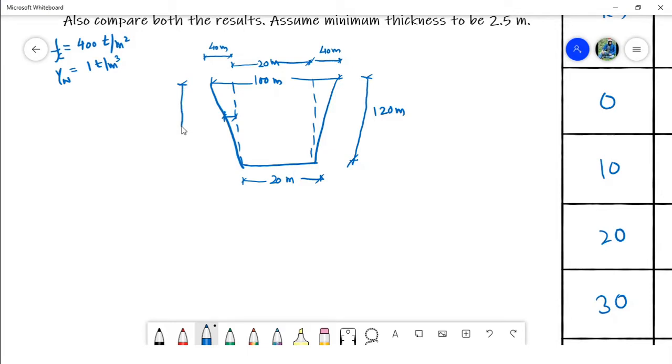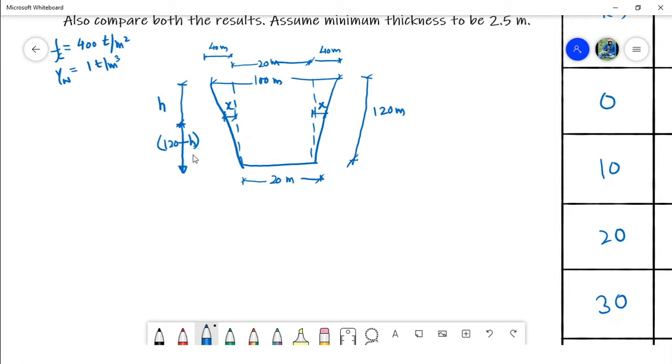So suppose at a height of h from the top, this is say x, and this will also be x. From the base it will be 120 minus h, because the total height is 120.